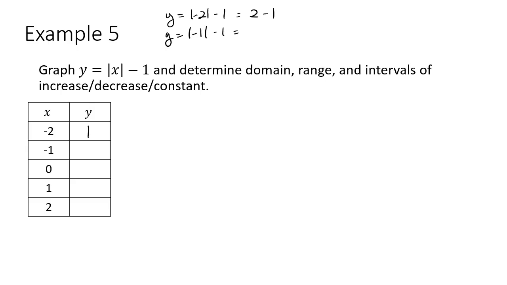If you plug in -1, the absolute value will turn that into a +1, but then you still have the -1, taking it down to a 0. Absolute value of 0 is 0, but the -1 on the outside takes it down to -1.